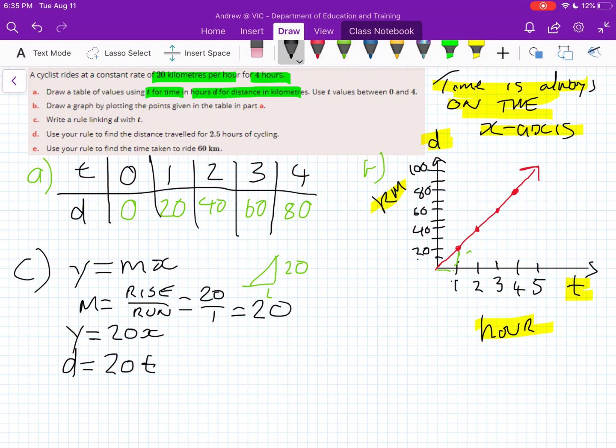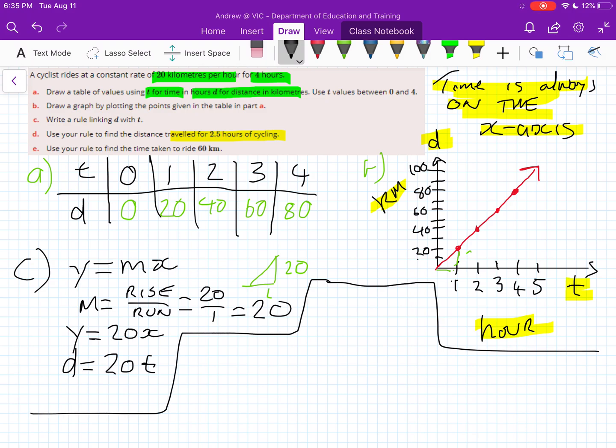All right. So now we need to use this rule. So use this rule to find the distance travelled for 2.5 hours of cycling. So I'll just set up a bit of a separate section here. So with D, okay, 2.5 hours of cycling, we just substitute T is equal to 2.5.